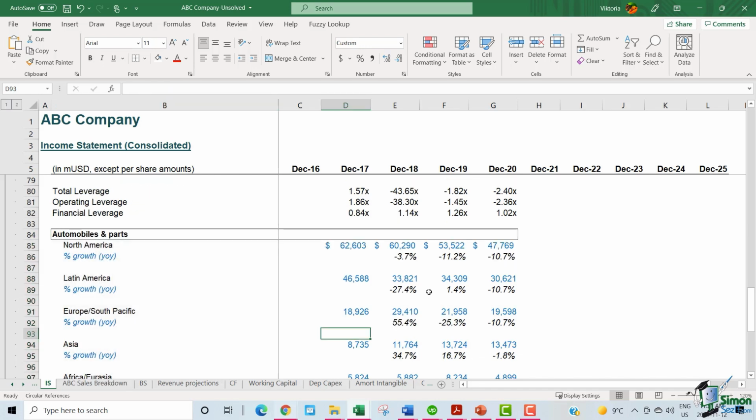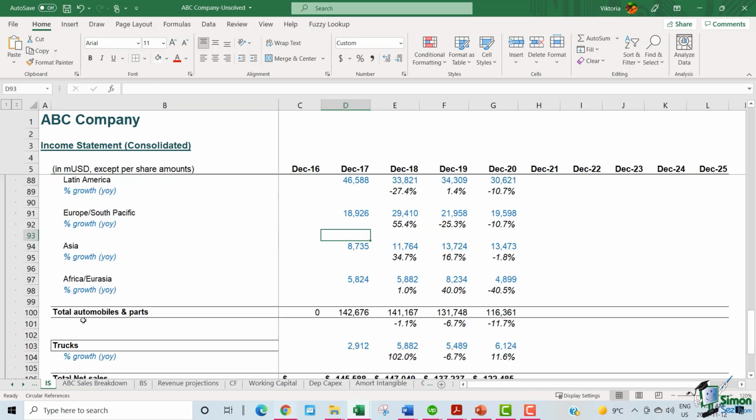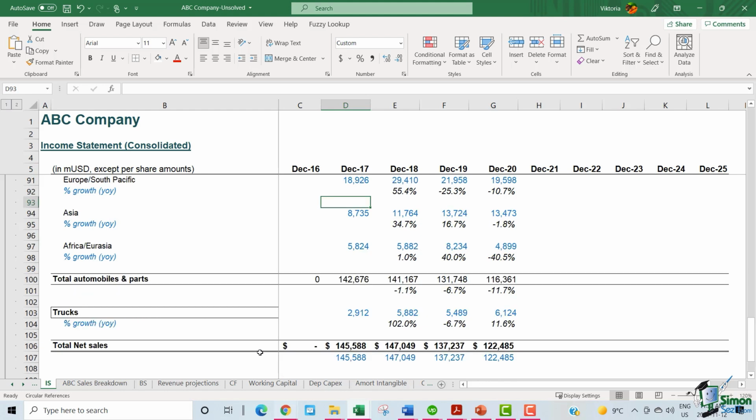The other point to note over here is that total automobiles and parts sales is approximately 95% of the total net sales. For example, in December 2020, total sales for automobiles and parts was $116,361, which is 95% of the total net sales of $122,485.